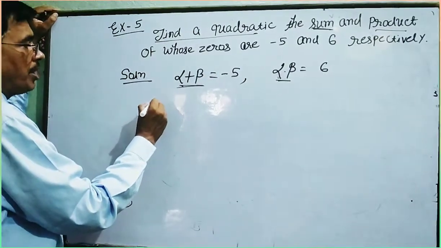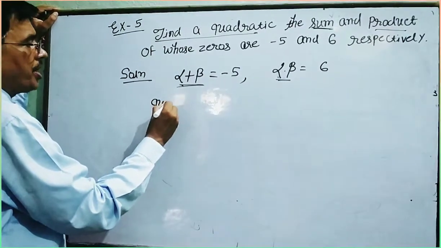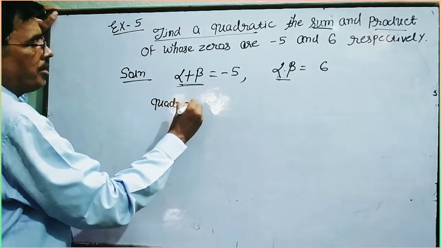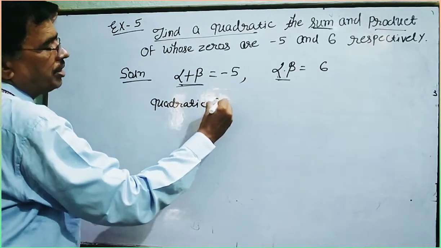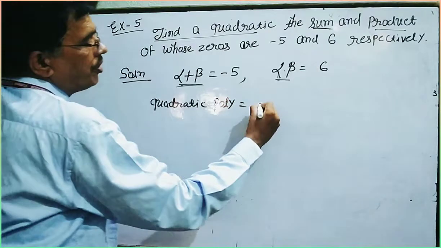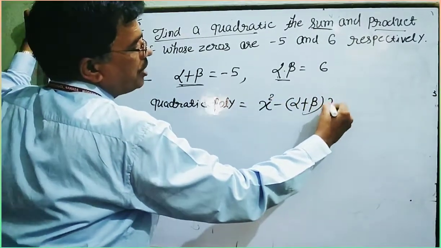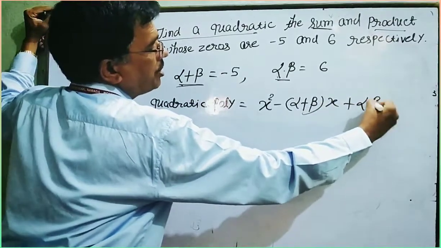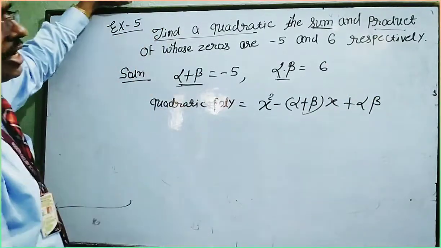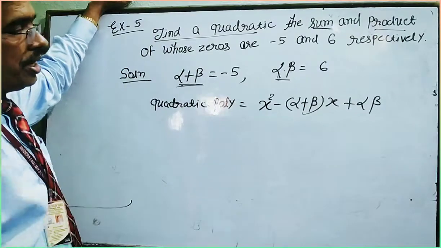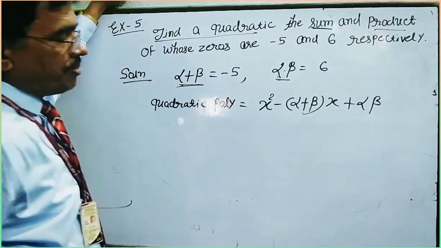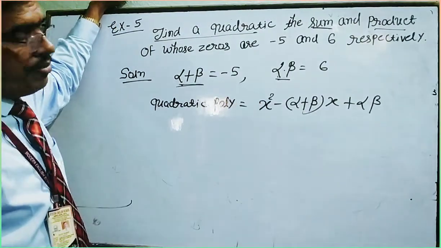So there is a formula for the quadratic polynomial. You write: quadratic polynomial is equal to x square minus alpha plus beta into x plus alpha into beta. When I find the relationship between zeros and the polynomial, I use the sum alpha plus beta and the product alpha into beta.